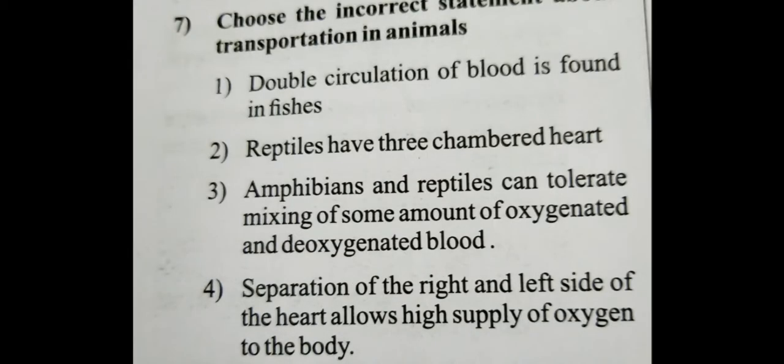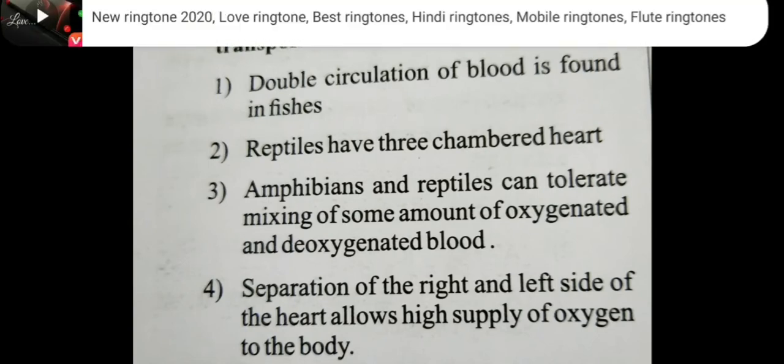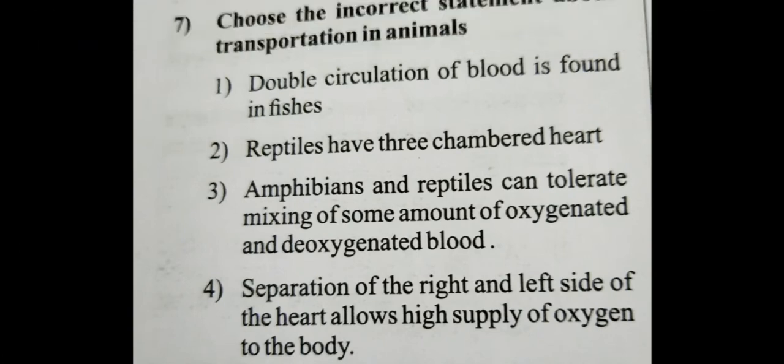Choose the incorrect statement about transportation in animals. When you look at the statements, 3 will be correct statements and 1 will be wrong. So you want to identify the wrong statement. Double circulation of blood is found in fishes. The first statement itself is wrong.